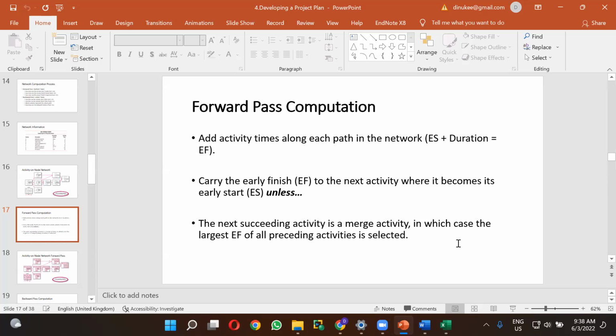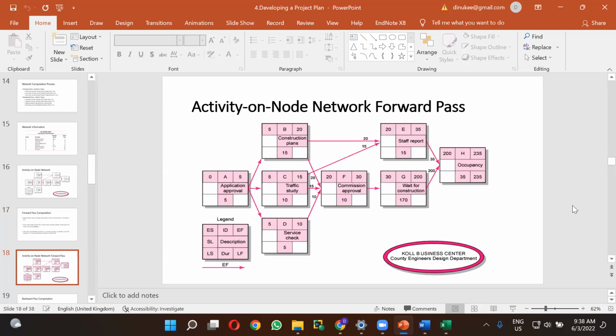Did you understand that? When there are several early finish times, we take the largest one, which is explained here, if it is a merge activity. So in these slides, they are explaining how to do the forward pass calculation.